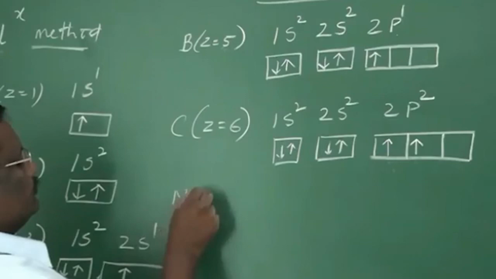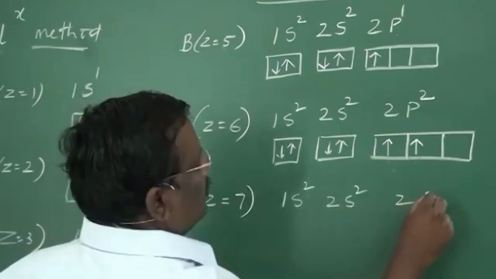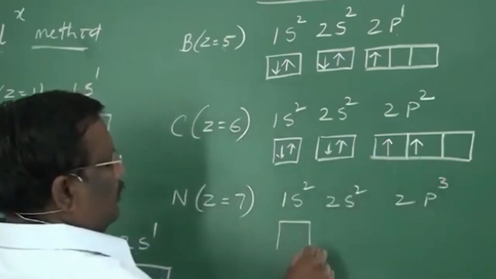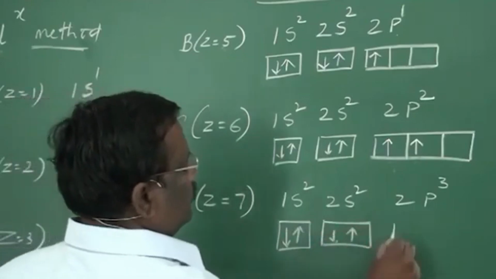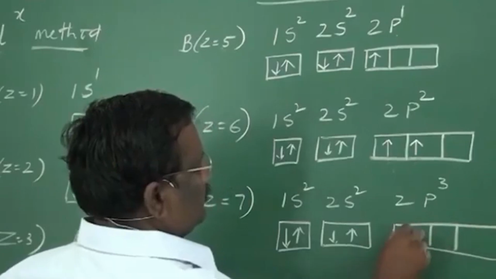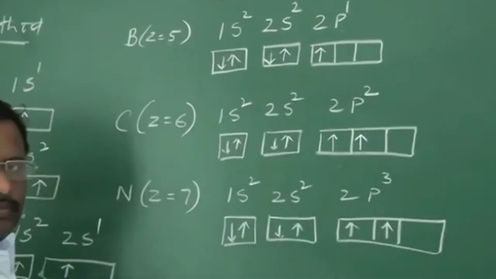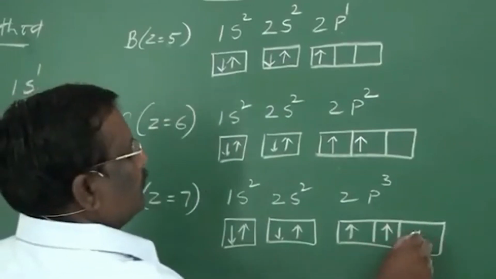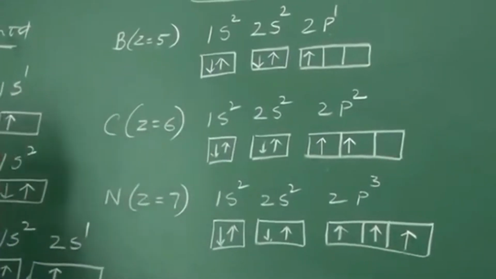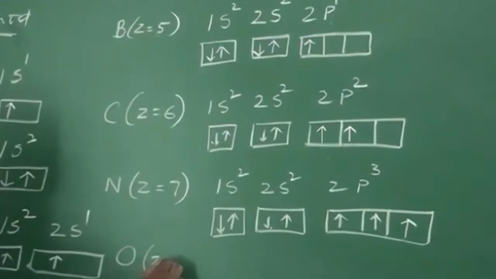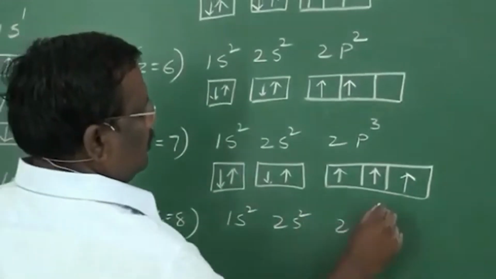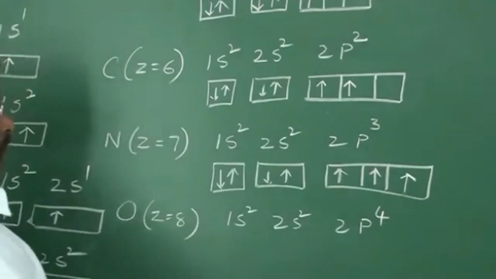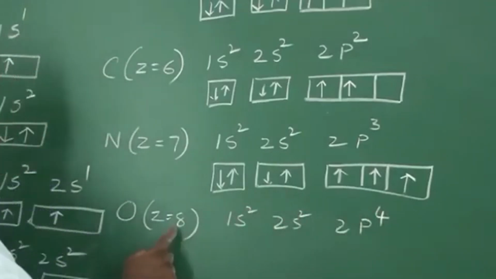Nitrogen, atomic number is 7. So its electronic configuration is 1s2, 2s2, 2p3. Oxygen: 1s2, 2s2, 2p4. 4 plus 2, 6, 6 plus 2, 8. Atomic number is 8.